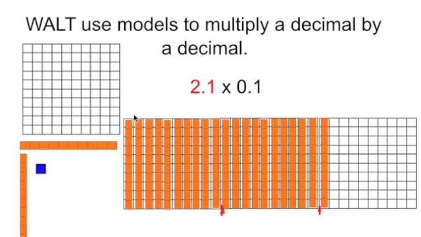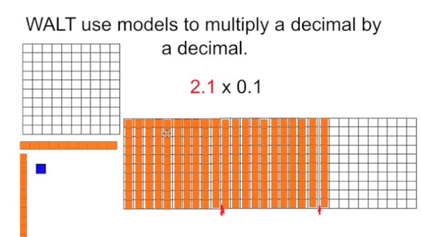So I want to cover up a tenth of what I've already set up. I'll show you how to do that with these manipulatives. So I'm going to move over these tens rods and start to cover up 1/10 of what I already have here.